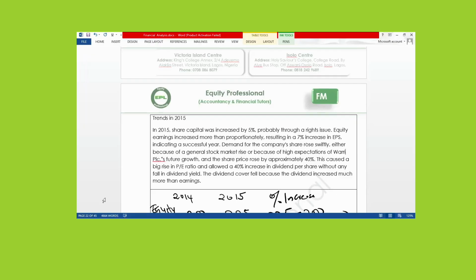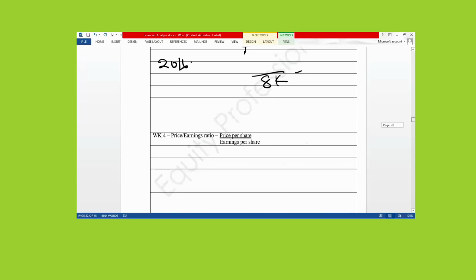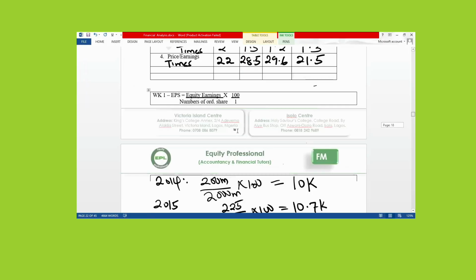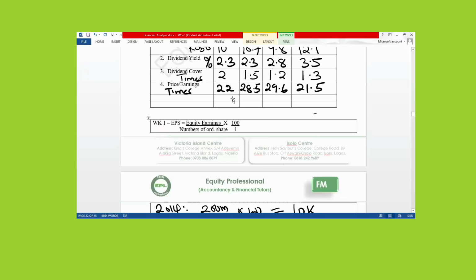The growth in share price resulted in growth in price earning ratio. Between 2014 and 2015, price earning ratio increased from 22 times to 28.5 times. This was due to growth in the company share price.